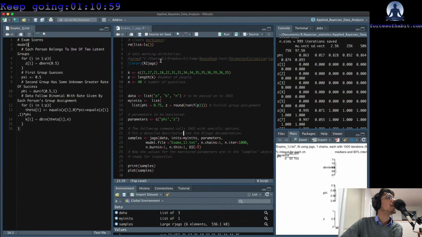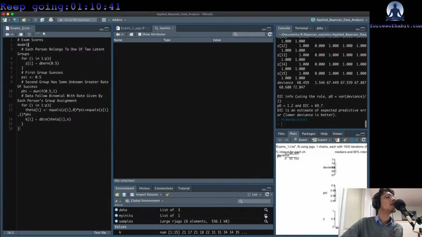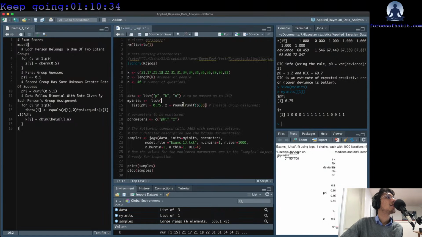And then in the R script, we just get the scores, the number of people, the number of questions, the data, and then we have to initialize. What is Z here? Right, we have to initialize values for each person for Z, because each person needs an indicator.